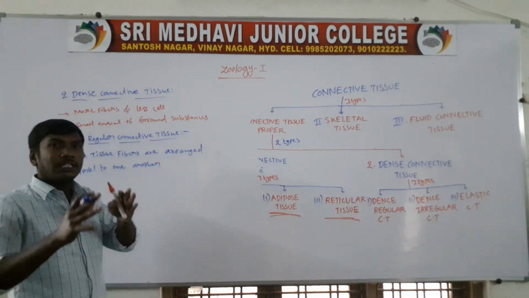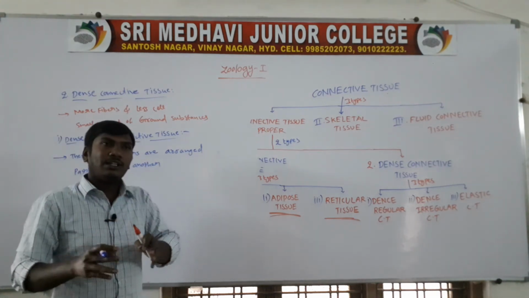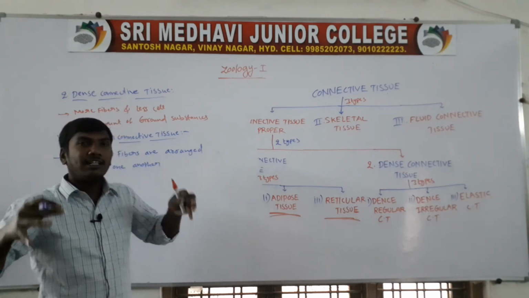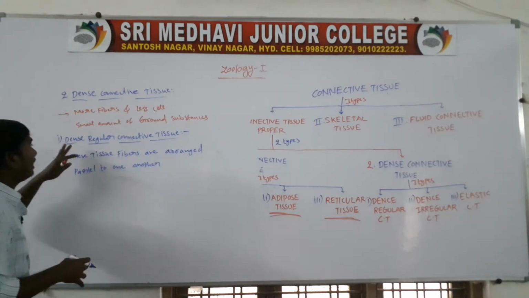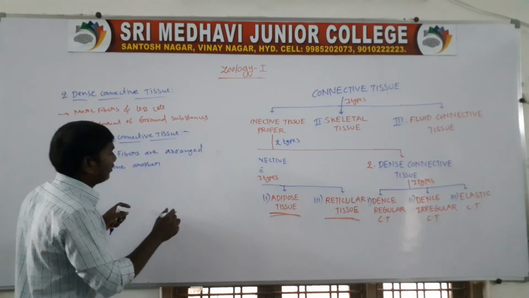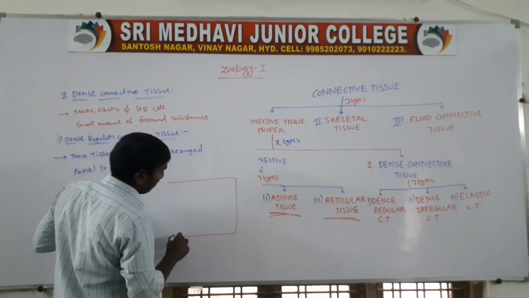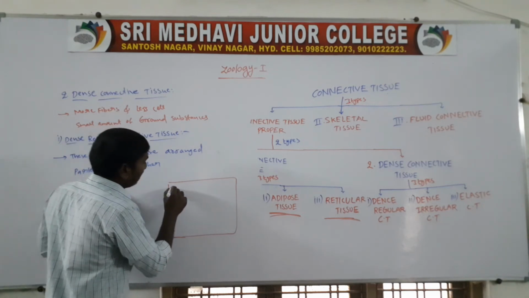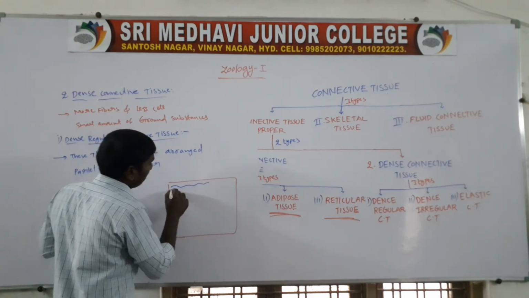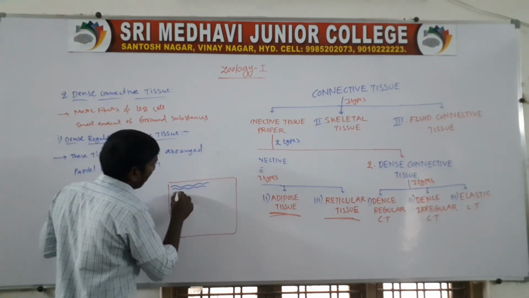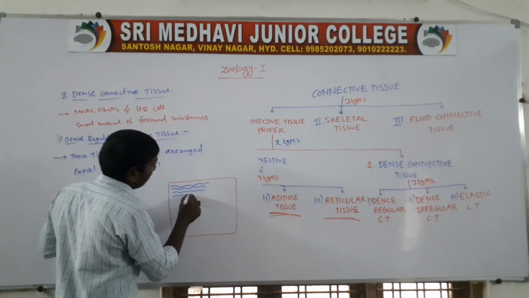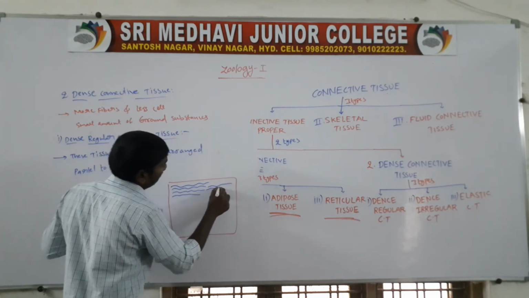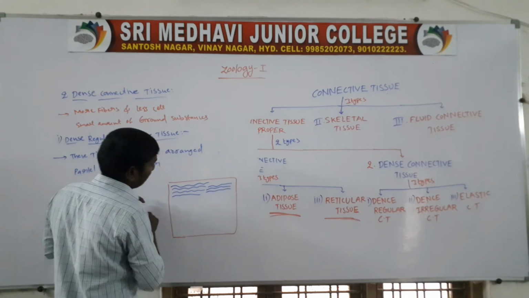So this tissue is called dense regular connective tissue. You can see the diagram. In this tissue there are fibers, and these fibers are arranged parallel to one another.